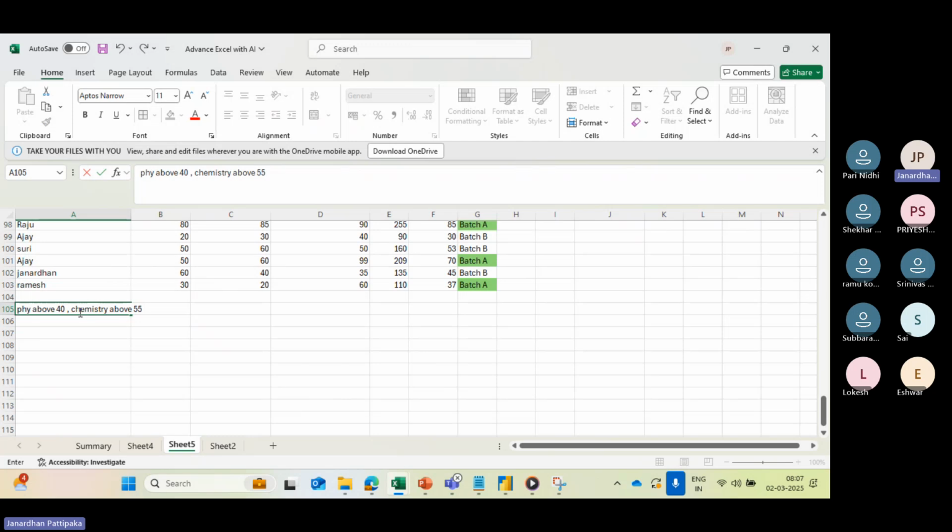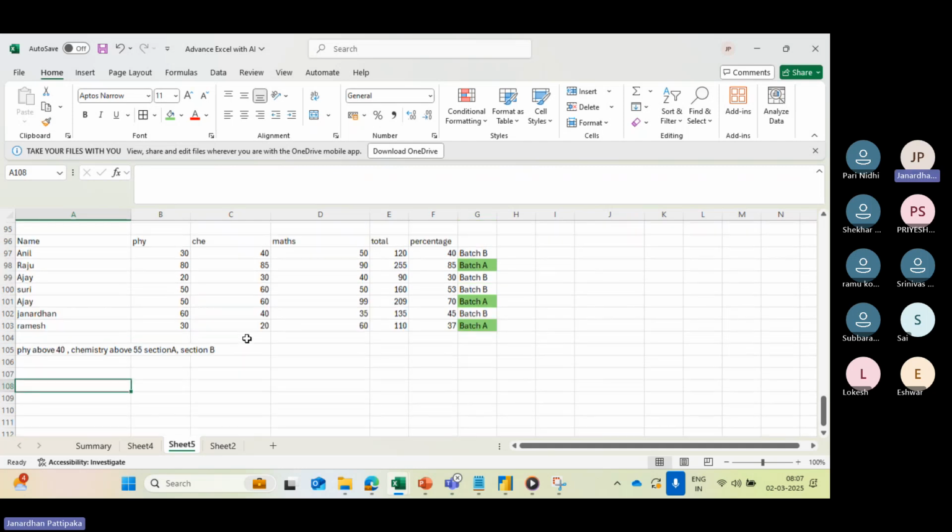Now if these two conditions are met, I want to put him in section A. If the conditions are met, I want to put him in section A, and otherwise I will put them in section B.